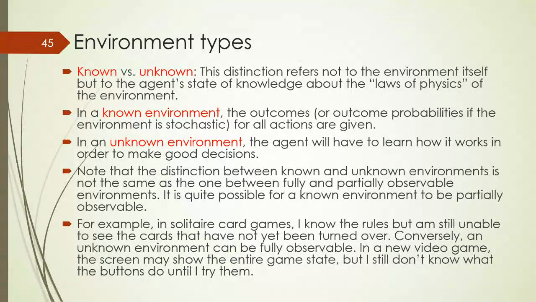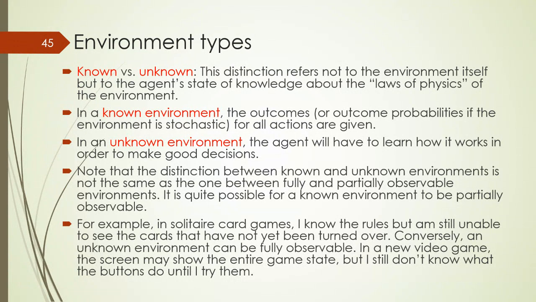For example, in card games, your environment is completely known. You know how many cards you have, shape of the cards, numbers on the cards, colors of the cards, everything. But you don't know what's going on right now, right? I know the rules, but I'm still unable to see the cards. So it's not observable, but it's known.